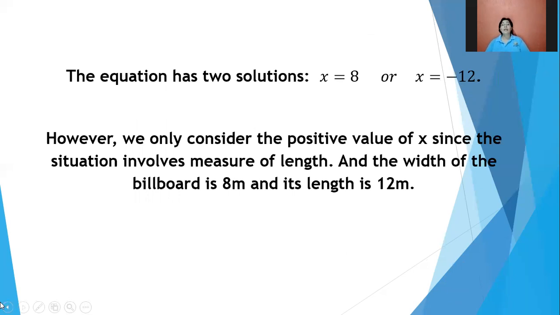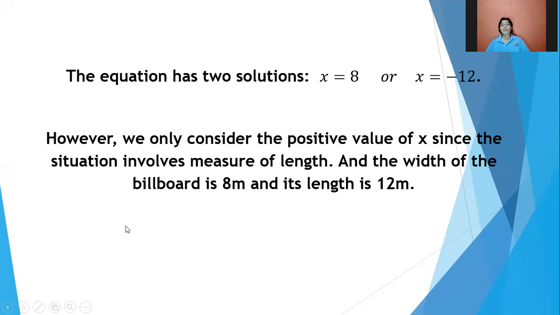The negative number is just a solution of the equation, but in the problem, if we are talking about a distance or length, it is always positive. The equation has two solutions, 8 and negative 12. However, we only consider the positive value of x, since the situation involves measures of length.